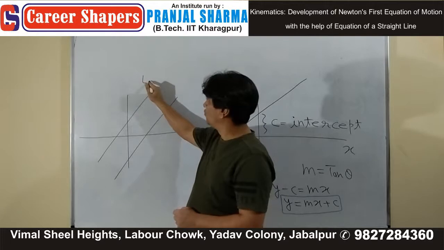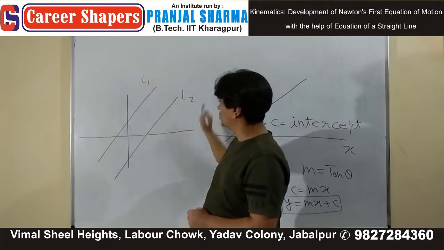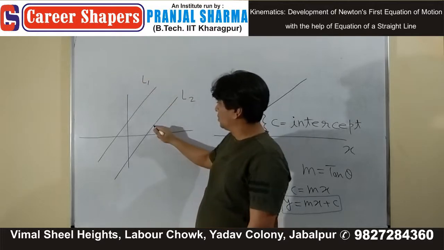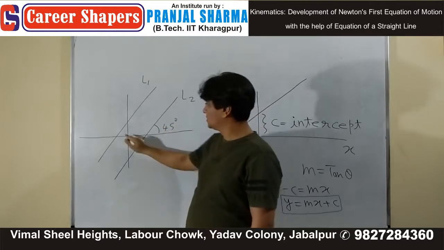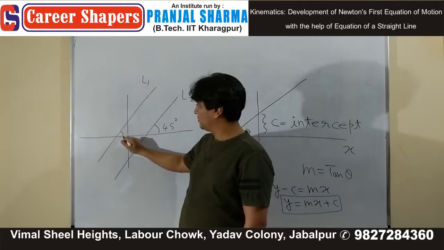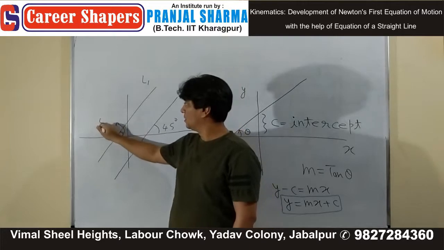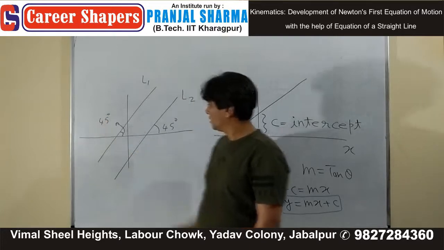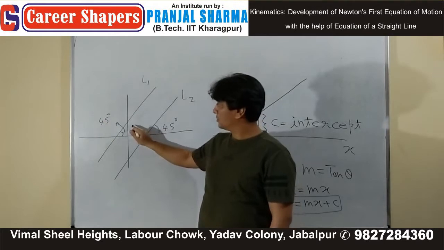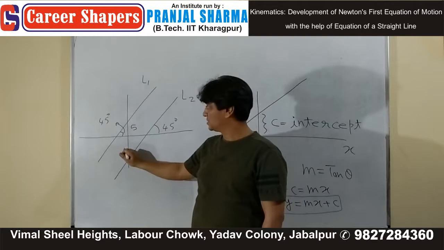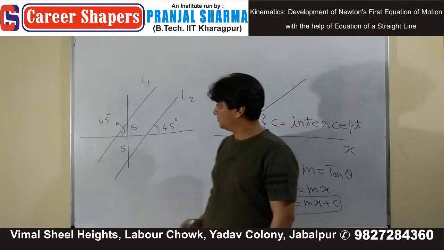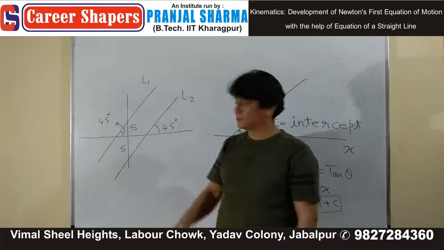This is line 1, this is line 2. They both are making an angle of 45 degrees. This intercept is 5. This intercept is also 5. Take equal lengths.